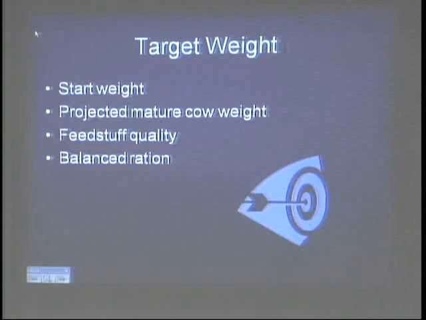In order to reach that projected gain, we need to have a good handle on what our forage quality is and what the expected performance is off of that, and achieve a balanced ration to do so. Now, as you look at the list of things that are up there, there's a lot of times that we don't know just where we're at on weight on those heifers.